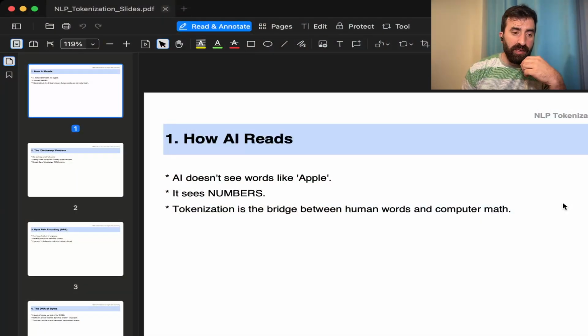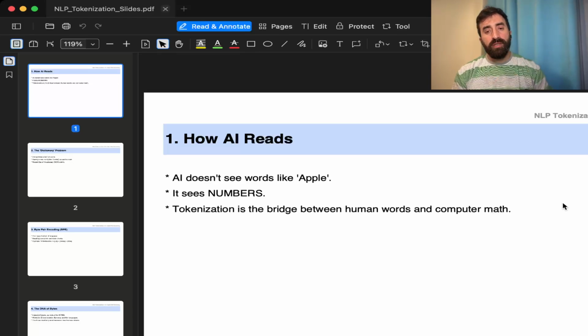But the question is, how do we get from a sentence to those numbers without breaking the AI's brain? Back in the day, the models were set up as basically a list of words in a vocabulary. The vocabulary contained all the possible words that were likely to appear in a sentence, and they were all numbered from zero to whatever the size of the vocabulary was.